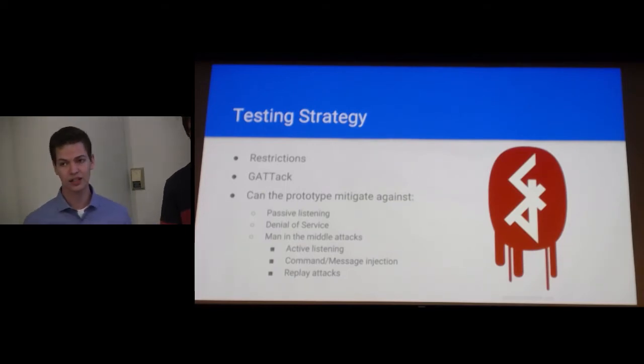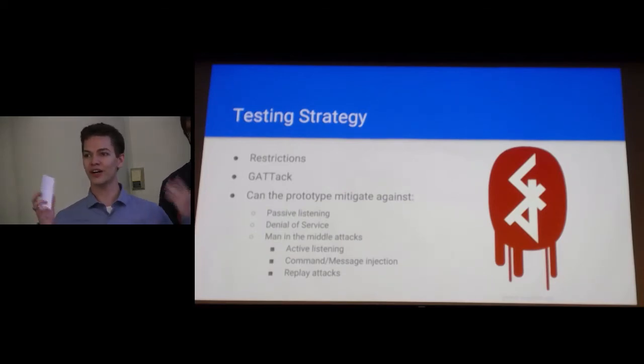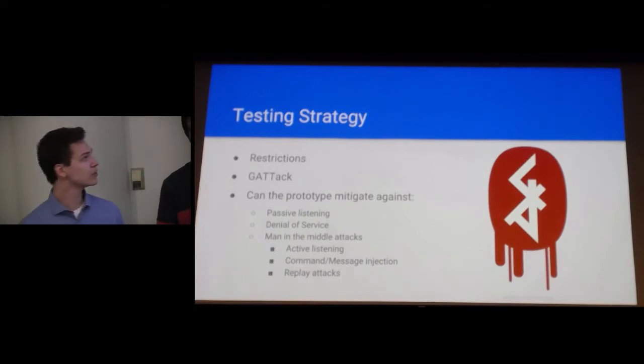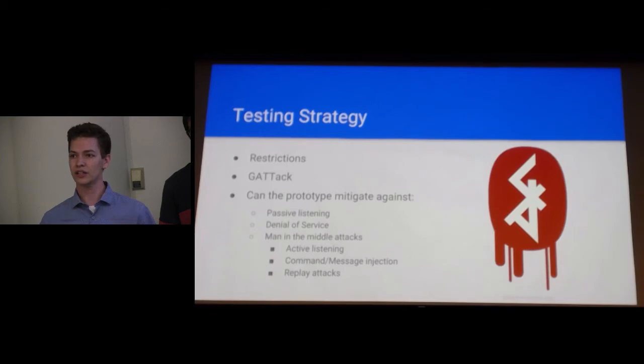Passive listening is just reading any of the advertisement data that's coming from the patient device, which is just saying, oh, here I am, please connect to me. Denial of service is an attack that will take advantage of the connection limits that either device can have, and sometimes the processes that each device goes through to connect to the other one.